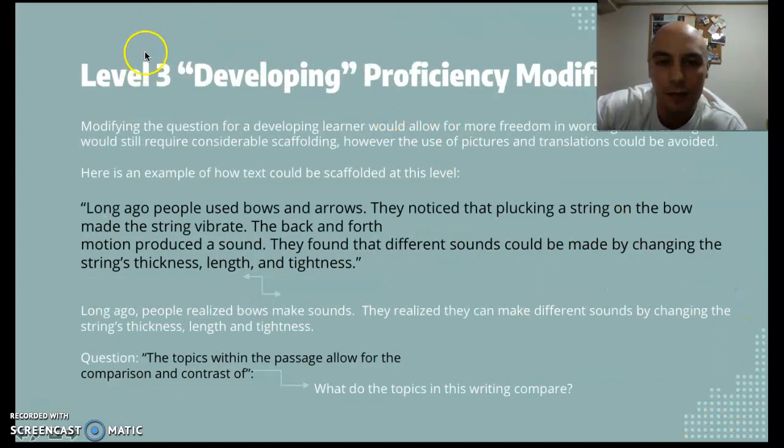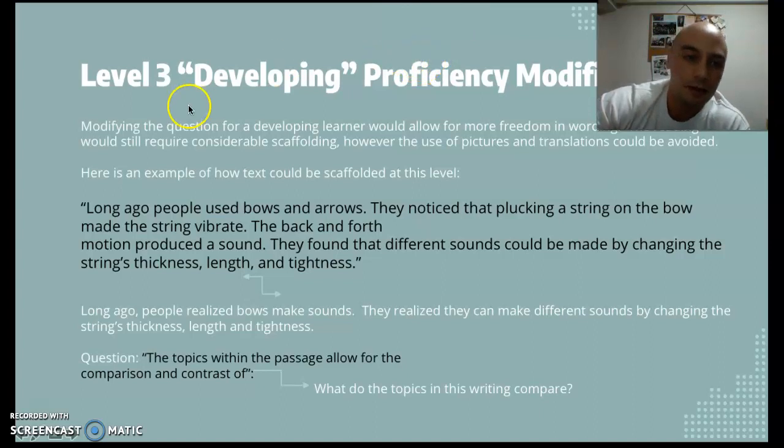for the level 3 developing proficiency level, that was a little bit easier. It's just simplifying the English, and here's an example. This is the original text. Long ago, people used bows and arrows. They noticed that plucking a string on the bow made the string vibrate. The back and forth motion produced a sound. They found that different sounds could be made by changing the string's thickness, length, and tightness.